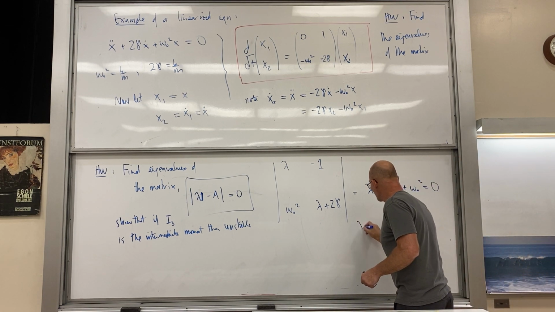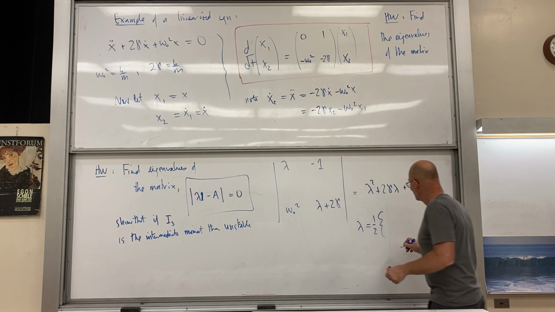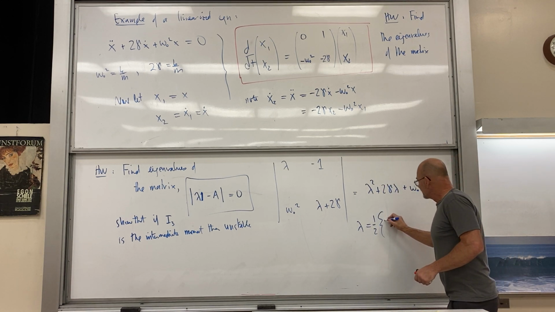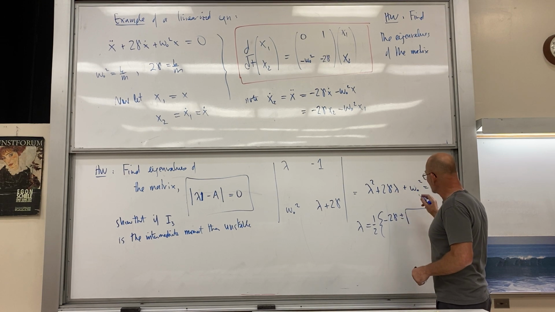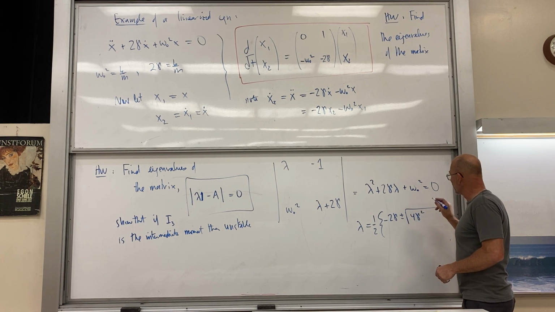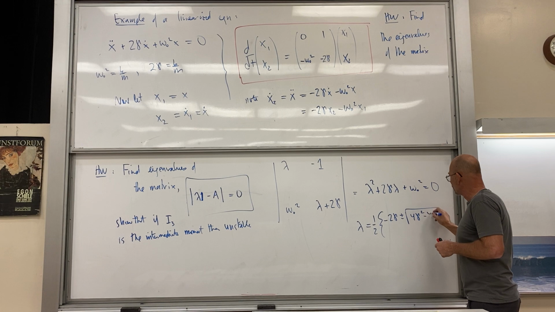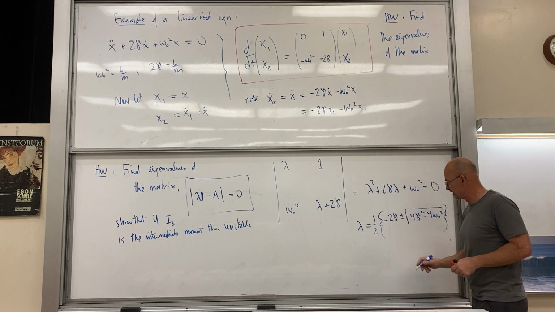So we have lambda equals 1/2 of negative b, so negative 2 gamma, plus or minus the square root of 4 gamma squared minus 4 omega naught squared. And we'll simplify that.